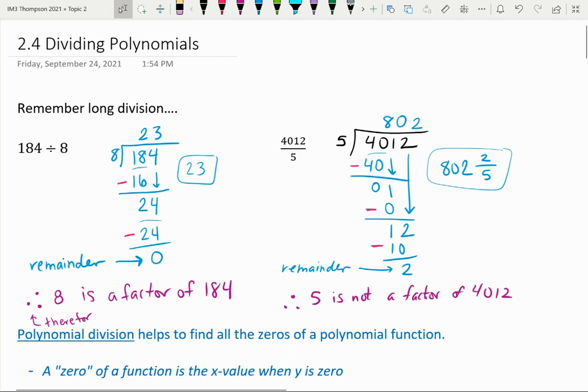And we found out, okay, when I have a remainder of 0, it goes in evenly 23 times. Well, now, that's true that because it goes in evenly, 23 times 8 is 184. So I'm writing this as a product of its factors. I'm doing the same thing now. I have a divisor 8, and I have the result with no remainder 23. I can write those as a multiplication to get the original number.